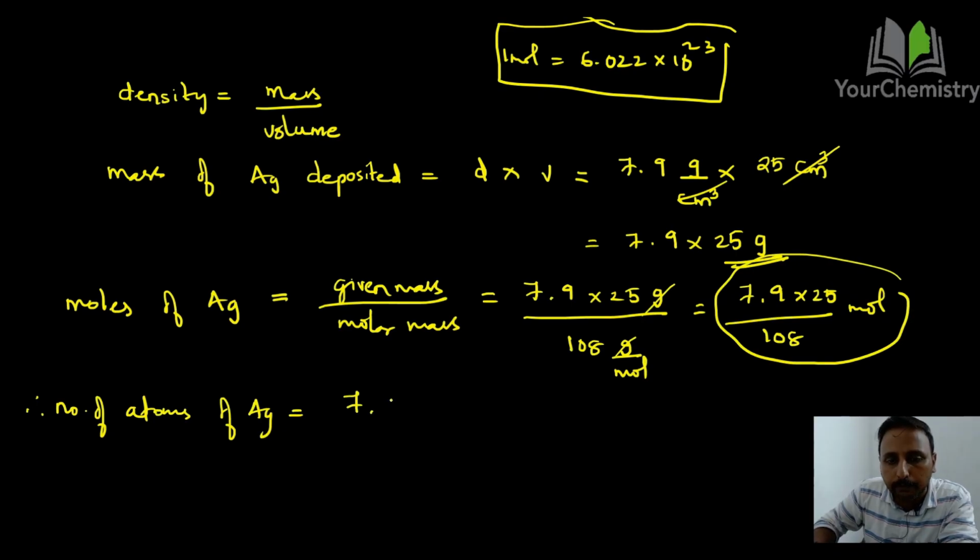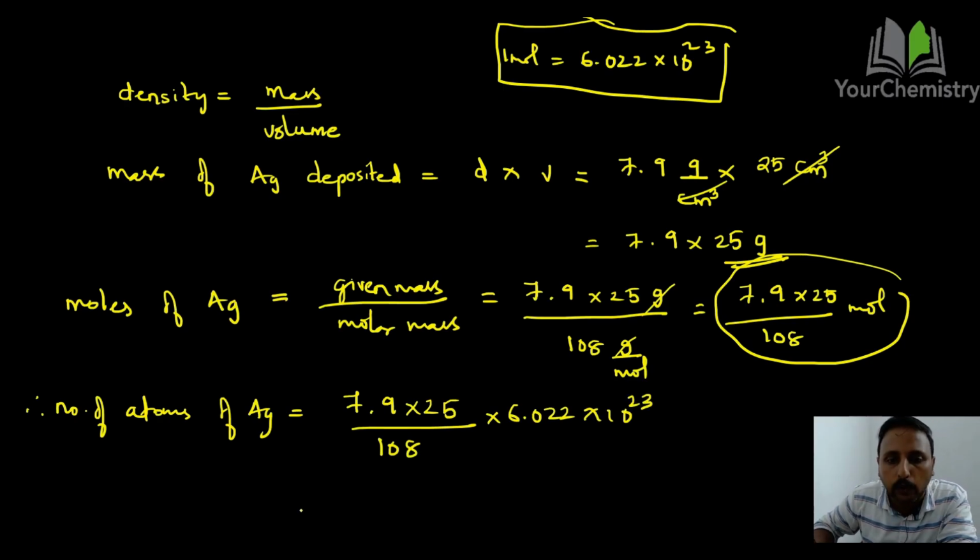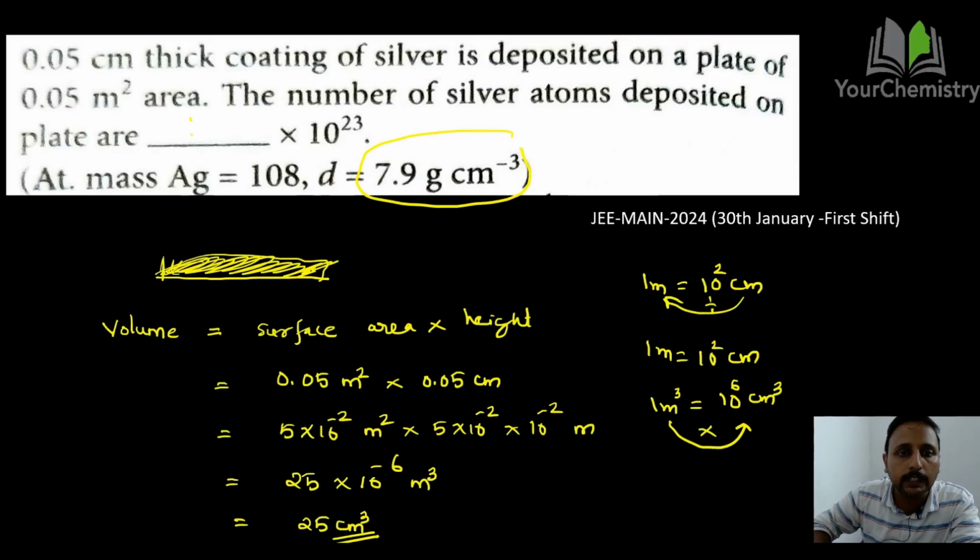So that is 7.9 into 25 divided by 108 into 6.022 into 10 raised to 23. If you solve it, you will get 11 into 10 raised to 23. So the answer for this question is 11.